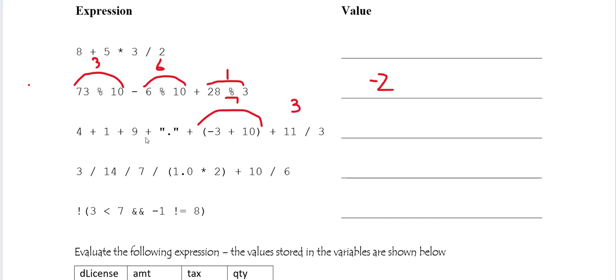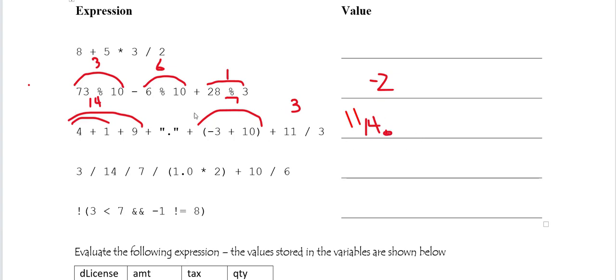Everything else now is the addition operator. So we just go from left to right. Going left to right, we have 5, then add that 5 to 9. So here we have the value 14. Now, because this is a string, this will be converted to a string automatically, and we'll get 14 and then the decimal place.